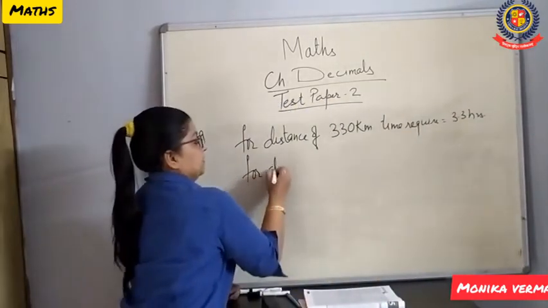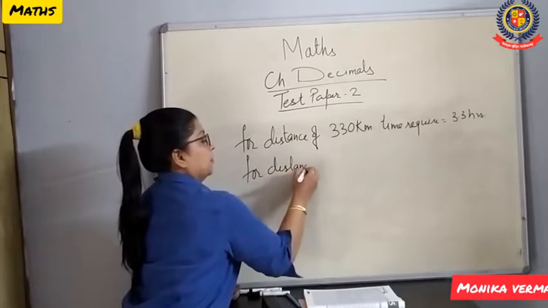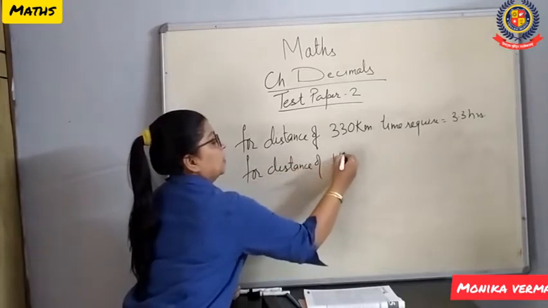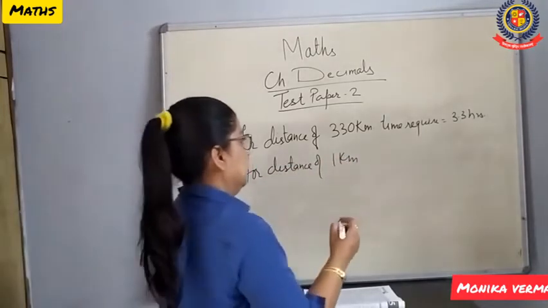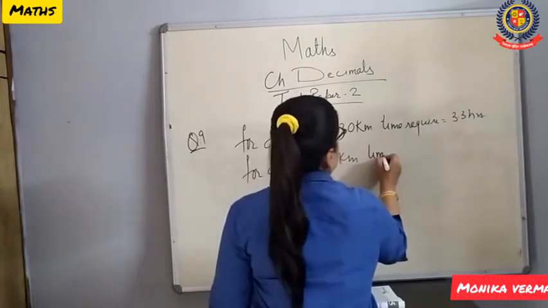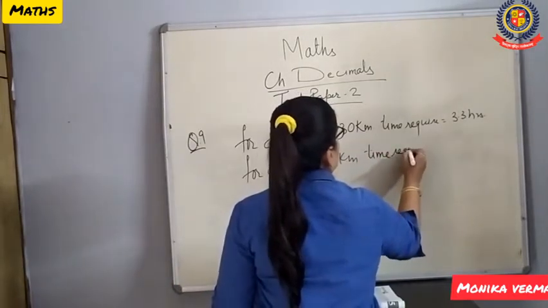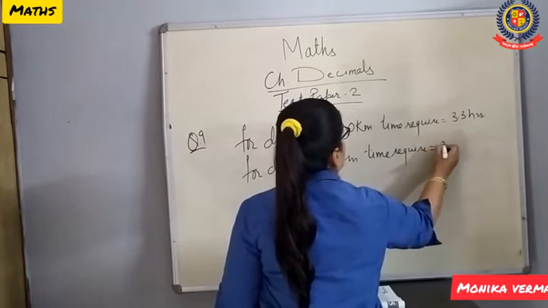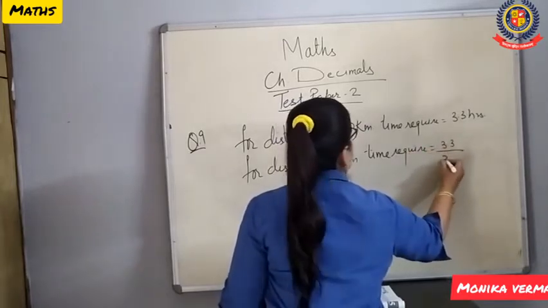Then for distance of 1 kilometer, time required is 3.3 upon 330.